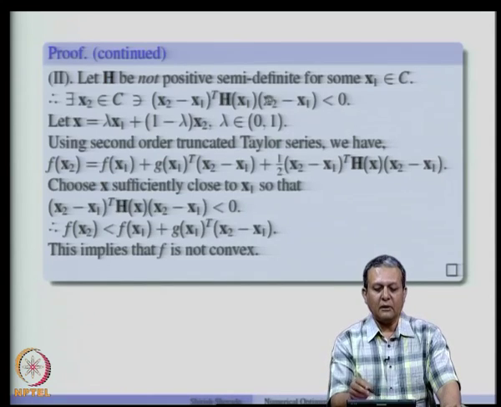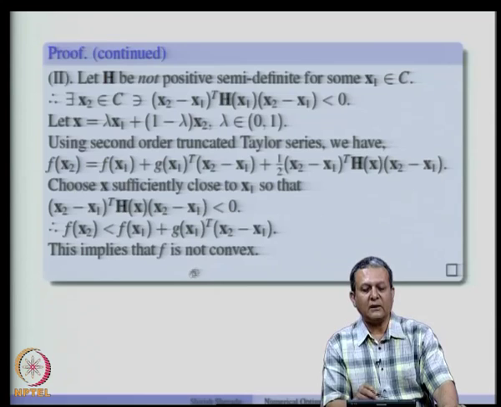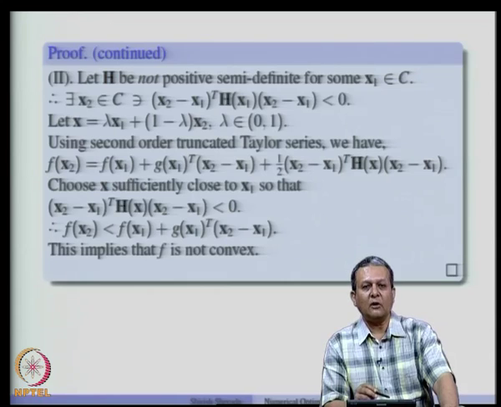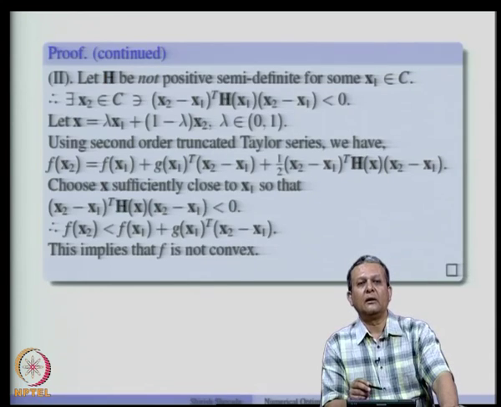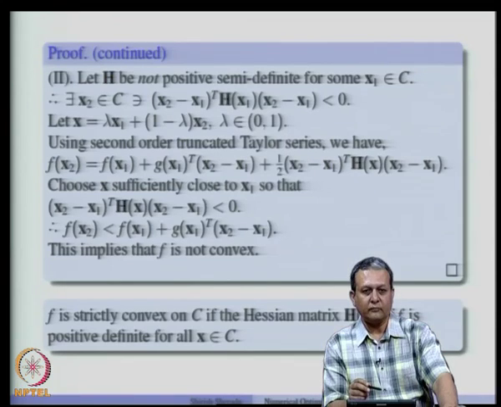So, if we start with the assumption that H is not positive semi-definite, then that implies that f is not convex. So, this means that f is convex if and only if the Hessian matrix at any point in the domain is a positive semi-definite matrix.